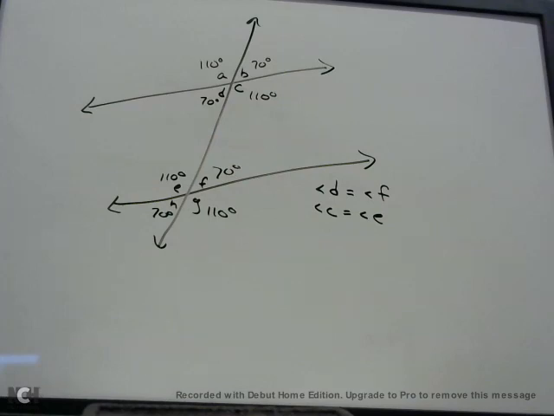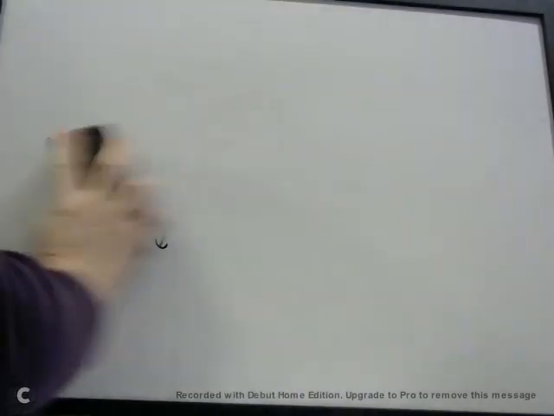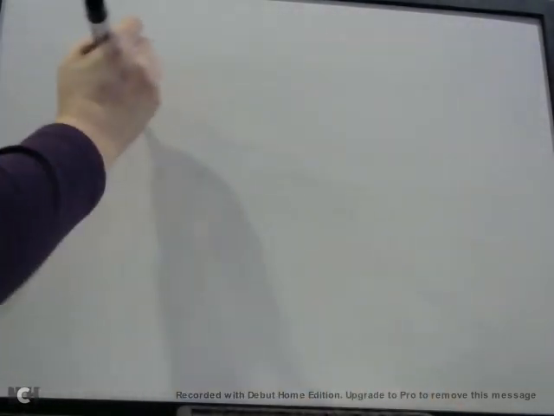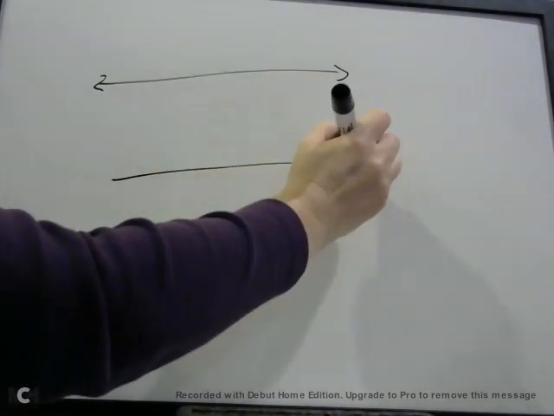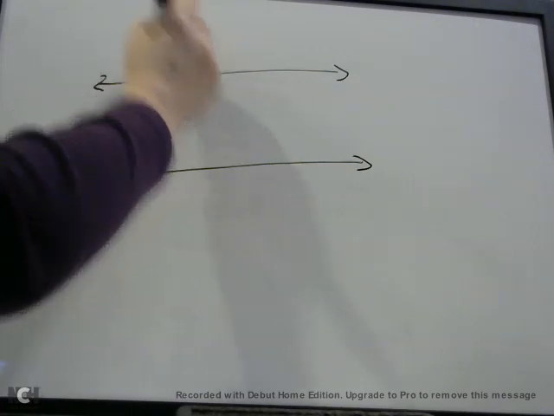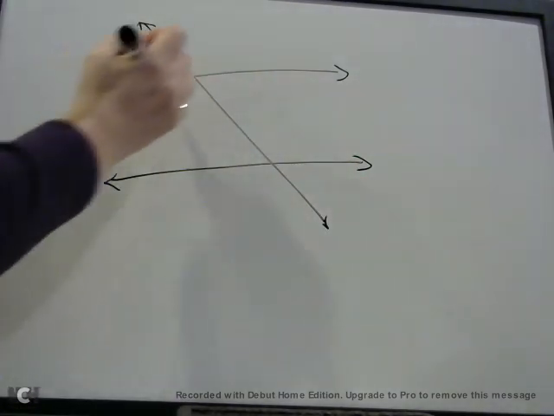The way they might do this, we'll do one last example here. They're going to give you two parallel lines. They might draw it in a picture like this, with a third line crossing both of them.